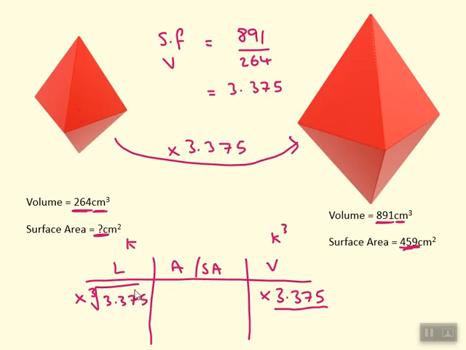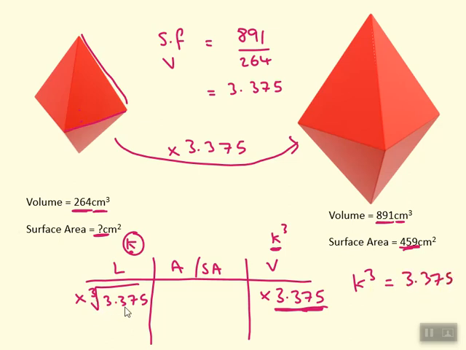If you think about it in a logical way, the lengths were multiplied by some number k, so all these edges here were multiplied by some number k, but then the volume would be multiplied by k cubed. But we've just worked out that this is the number that k cubed must represent, so effectively the scale factor for the length cubed is equal to 3.375.